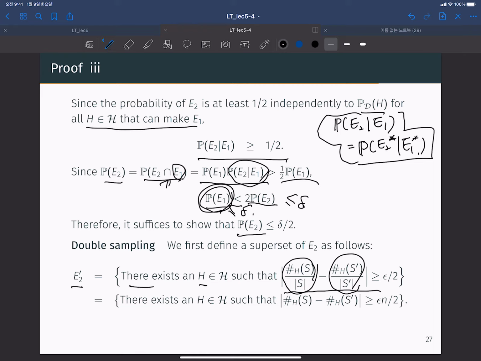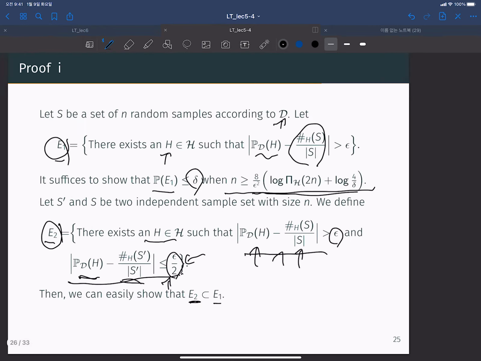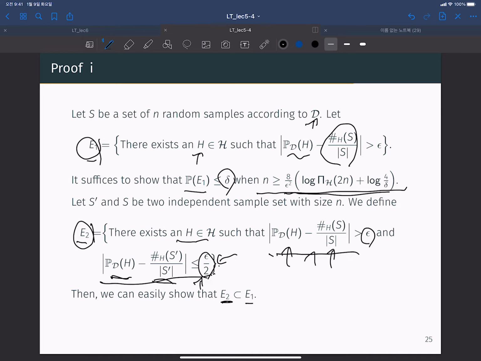Okay, when there exists any hypothesis having a huge difference between the training error by the first set and the training error by the second set, in other words, we can write this down by multiplying by the cardinality of S and S prime. They are the same, n. So when the first set and the second set have totally different training errors, we can expect this and this both hold.